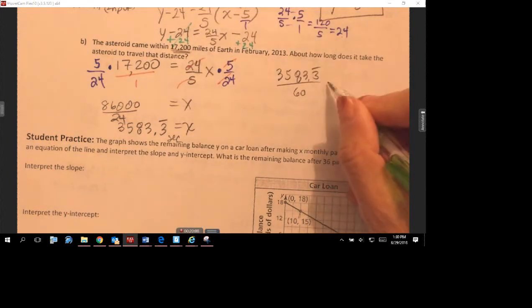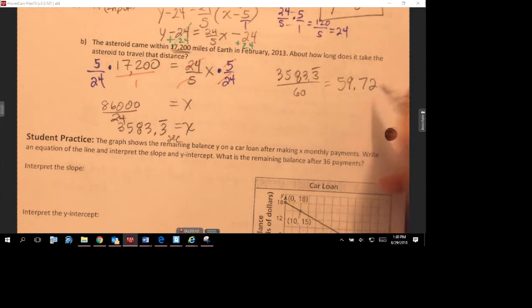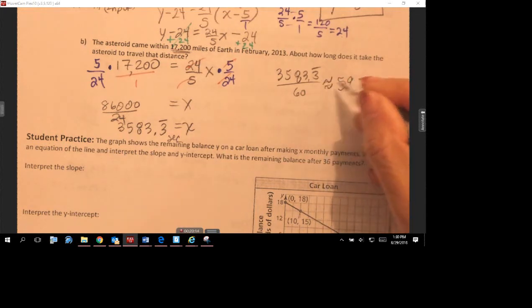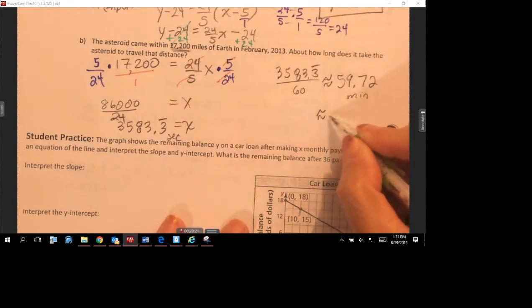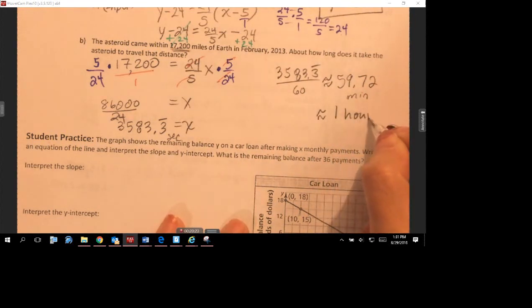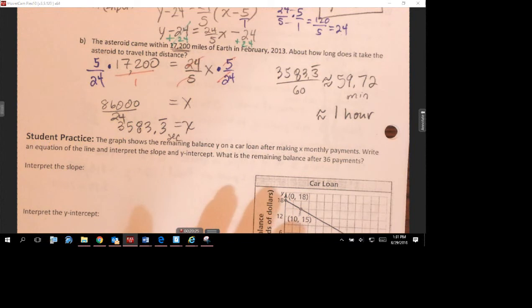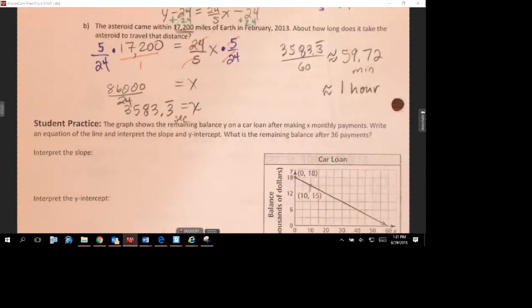Yeah, 59 minutes, and it's approximately 72 seconds. I rounded it. Or about an hour. That's kind of scary. There's an asteroid, you have an hour. Hopefully it'll never come that close.